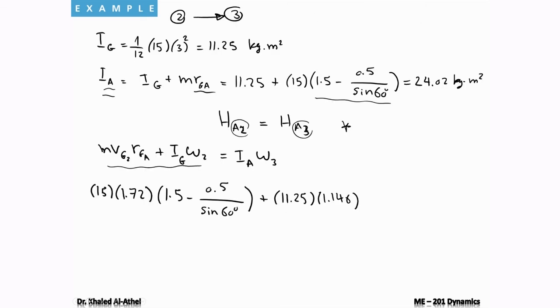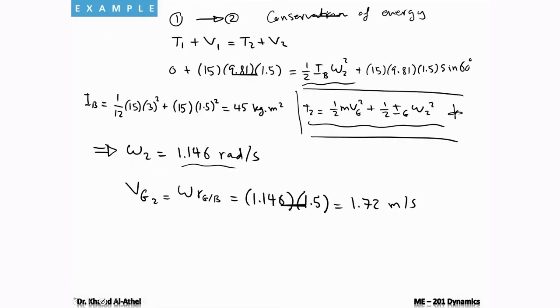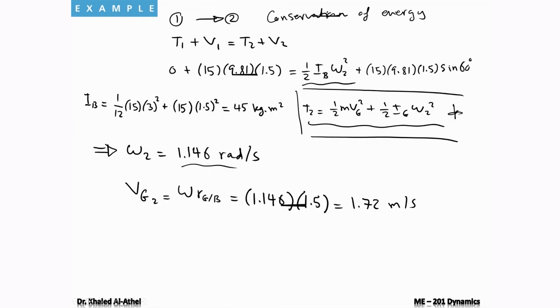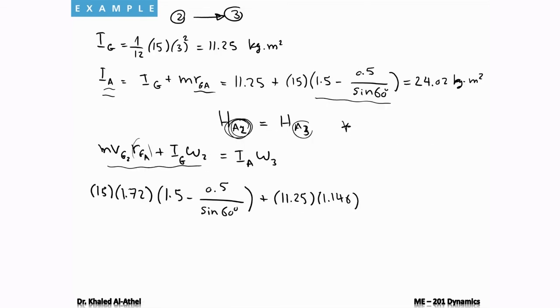Now, the confusion in this problem comes with why am I using RGA instead of GB? Because I'm doing H around point A, therefore velocity G is going to give me an angular momentum around A. So I'm taking VG as it rotates around A, therefore I need the distance between G and A. That's why we say MVG, which we calculated, times RGA.